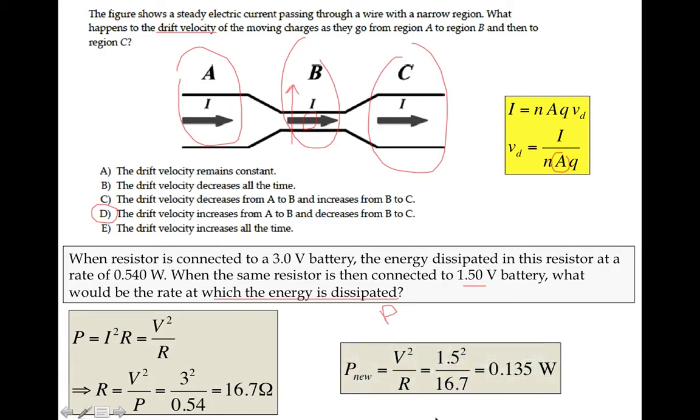Then I can use it when he changed the voltage. P new is equal to V squared over R, because R is going to stay the same. The new power dissipation is equal to 0.135. So as you can see, the power dropped from 0.54 to 0.135 simply by decreasing the voltage. So if you decrease the voltage, the power is also decreased.